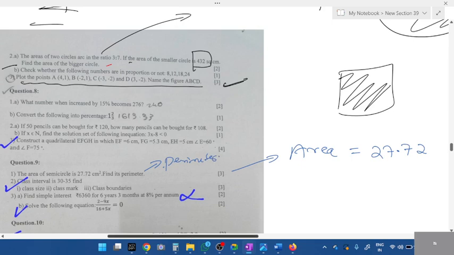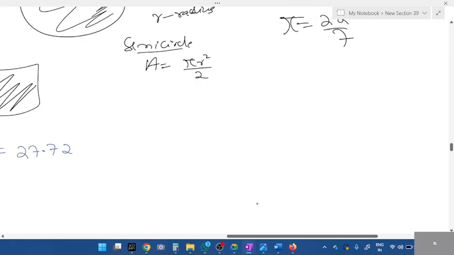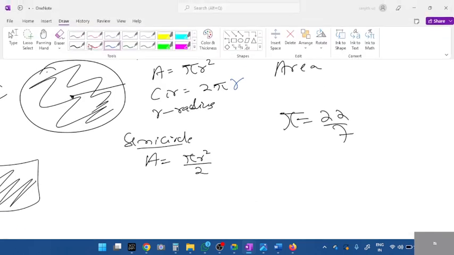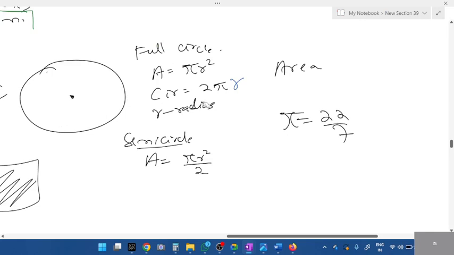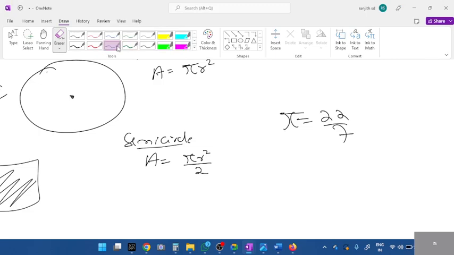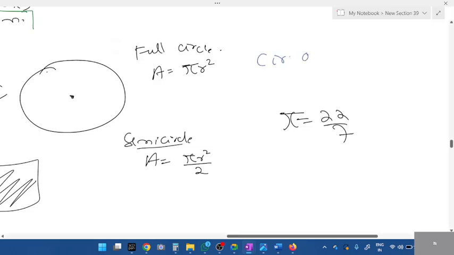I'll give even perimeter for a full circle or semicircle. What is the concept here? Full circle or semicircle? See, circumference and perimeter are the same, students. We don't call it perimeter separately. It's the same. Look, the meaning of circumference or perimeter is the same.